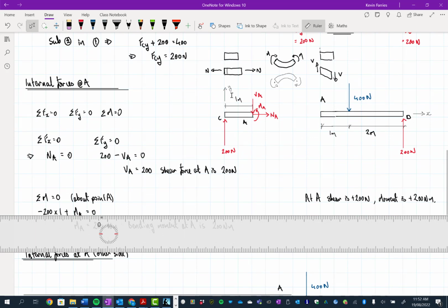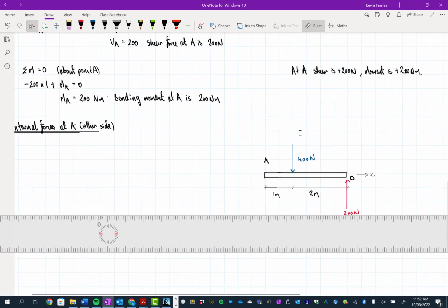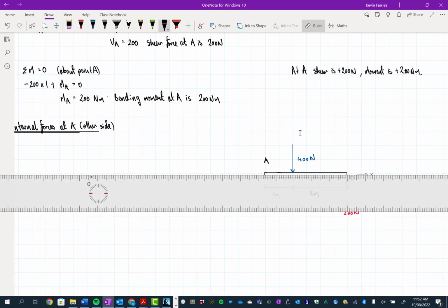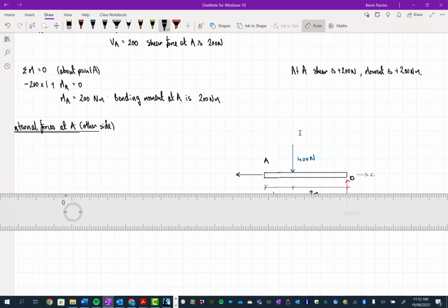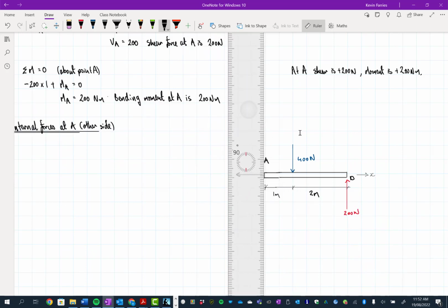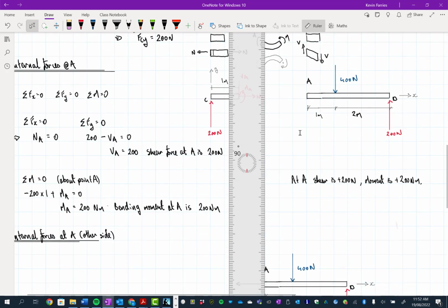So again, let's start with our normal force. A normal force that's positive is going to cause a positive internal force. So tension, in other words. On the left-hand side, it has to be going this way. We're keeping X and Y the same though. So X has come with us. Y is this way. Do you see, did I? No, I didn't. I copied it.